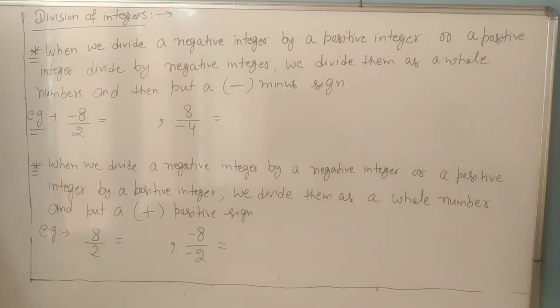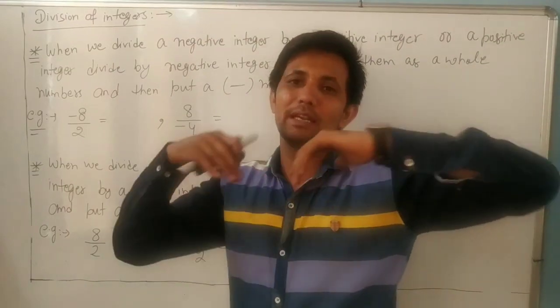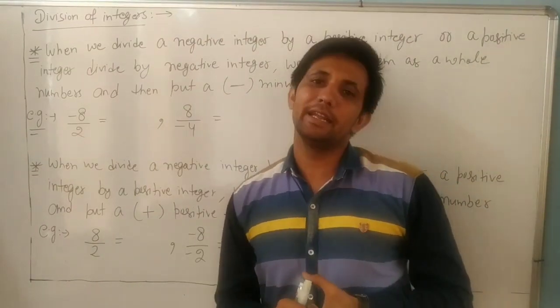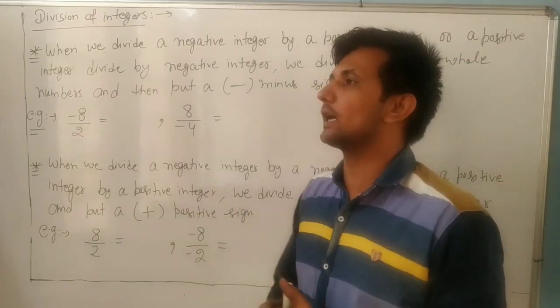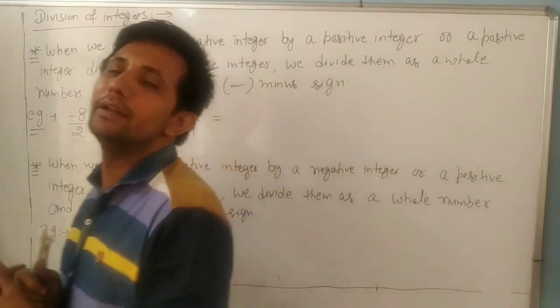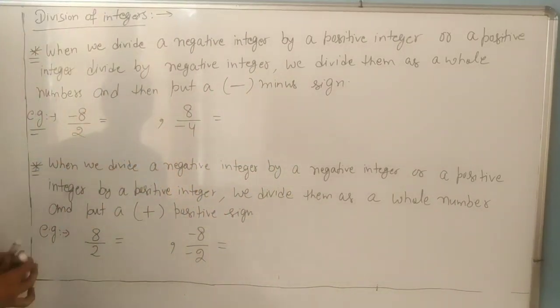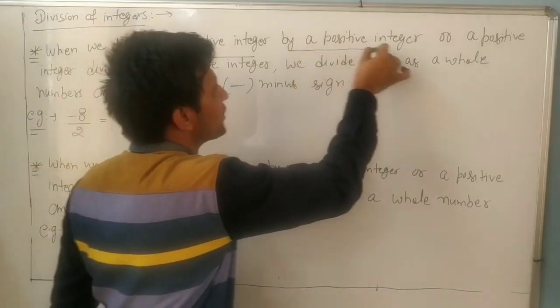Now dear, same as it is, we learned how to multiply two integers, one positive, one negative. Maybe both are negative, maybe both are positive. Same as it is, we will learn how to divide two integers. First is when we divide a negative integer by a positive integer.